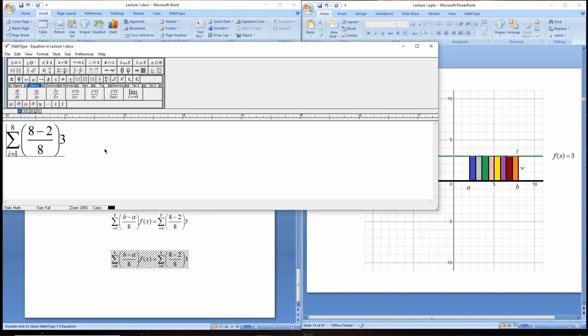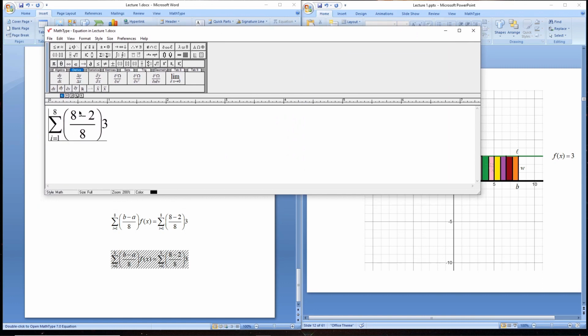So here's our expression that we're going to iterate along. Actually, 8 minus 2 is 6, so I'll combine that there. And again, there's no I here, so nothing changes. So when I equals 1, we're going to have our exact same expression, which is 6 over 8 times 3.